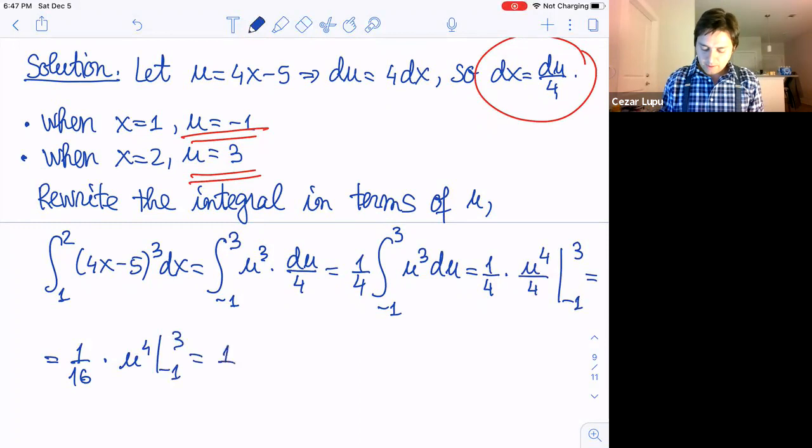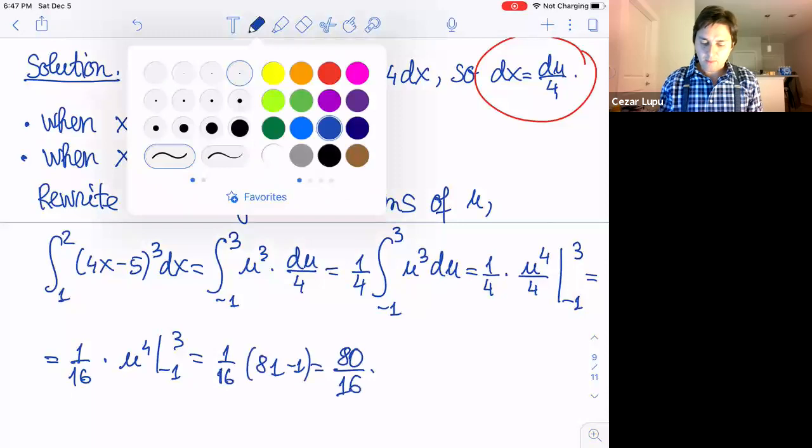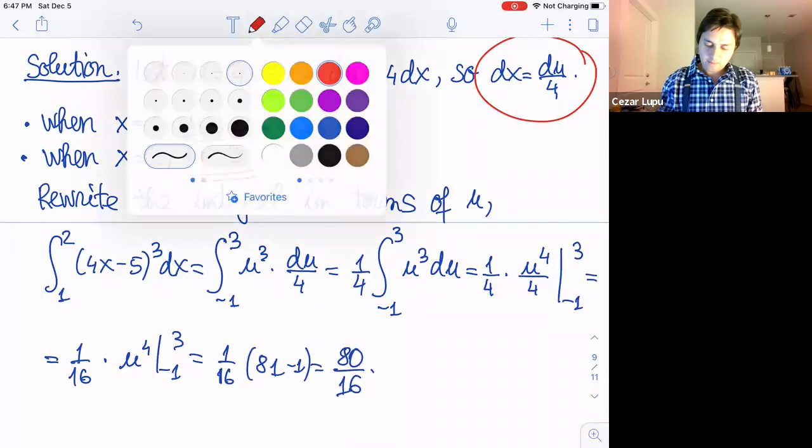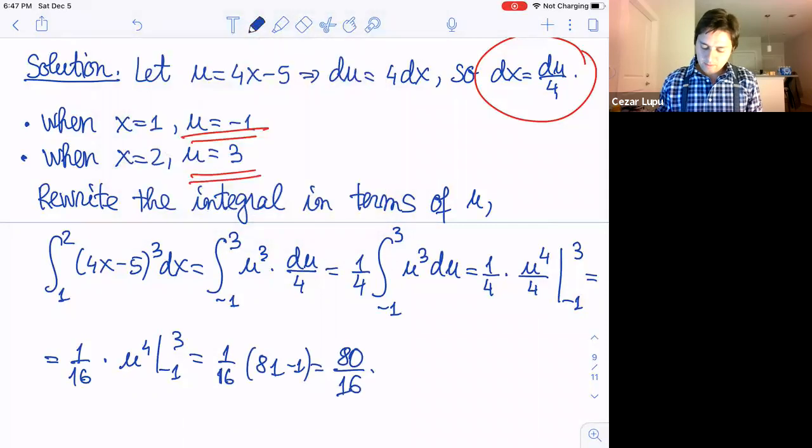So this would be 1 over 16 times 81 minus 1. So it's 80 over 16. And that's the result. Wait. Yeah, which is 5. Correct. Yeah, this is 5. And that's the final result.